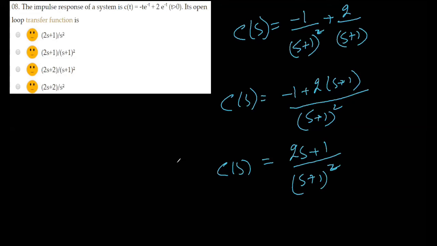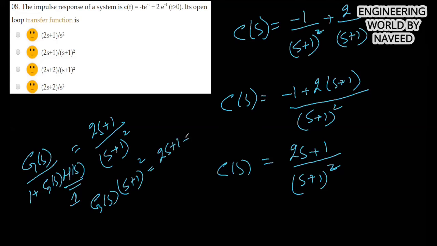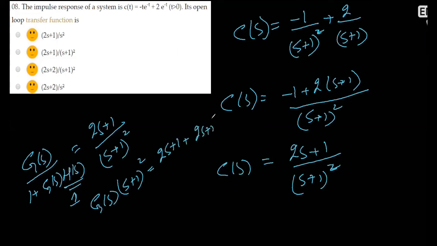So let's convert this transfer function into open loop transfer function. As this is G(s) divided by 1 plus G(s)H(s), that is (2s plus 1) divided by (s plus 1) whole square. So this is unity feedback, so H(s) will be equal to 1. So my G(s) times (s plus 1) whole square is equal to (2s plus 1) plus (2s plus 1) whole G(s).